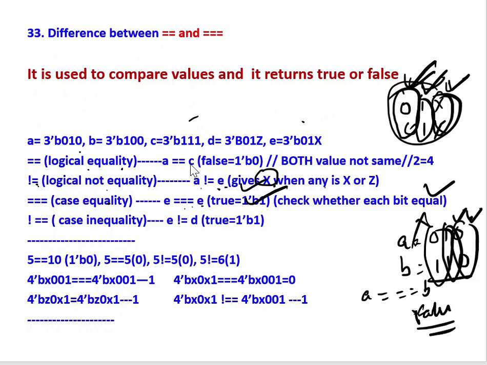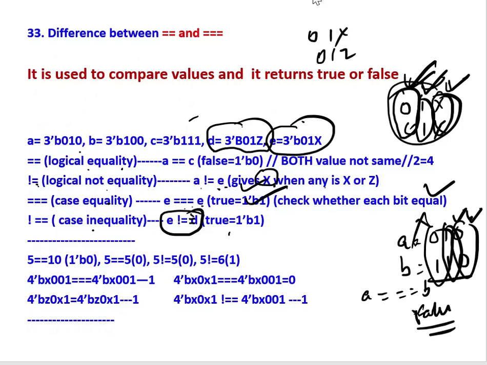Then case inequality, e not equal to d, e is this one, d is this one. It is telling you both are not equal. Yes, it is true, because this is 0 1 x, 0 1 z. This is equal, but this is not equal. So both are not equal, which means it will give you a true value.